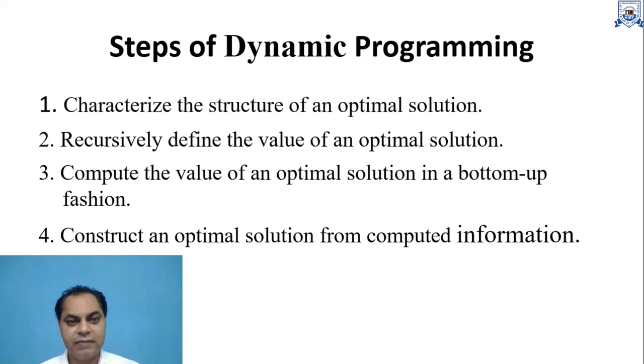In the second step, we define our recursive solution in terms of subproblems. Now the third step, we compute the optimal solution in bottom up fashion. And the fourth step, which is optional, is used to find the structure of the optimal solution. Structure of the optimal solution means the path of the optimal solution: how did we construct the optimal solution?